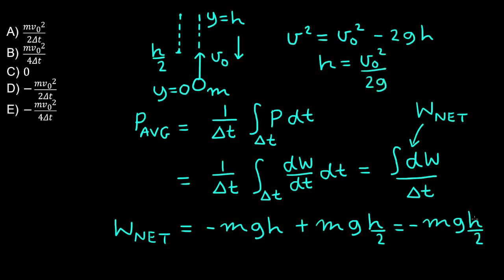And if we substitute for h and divide through by delta t, we get the average power. So the g's will cancel, and we get minus m by v0 squared on 4 delta t. So the correct answer is E.